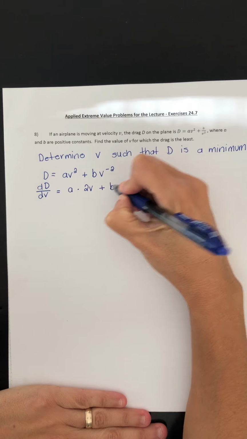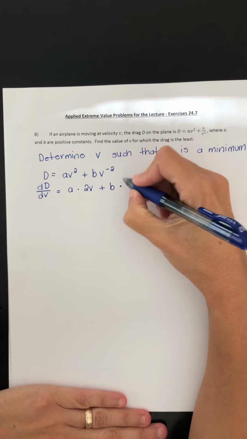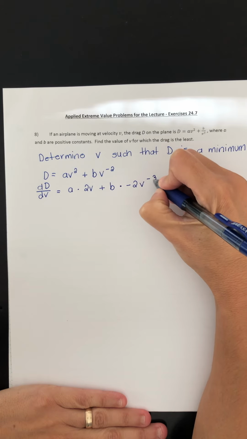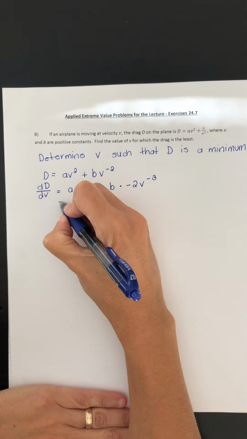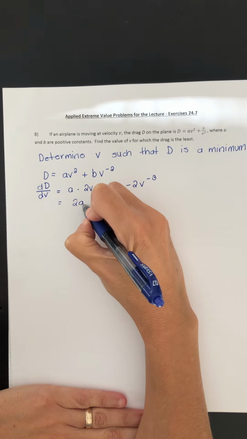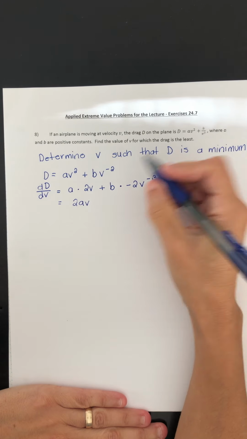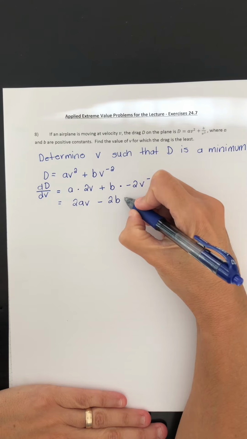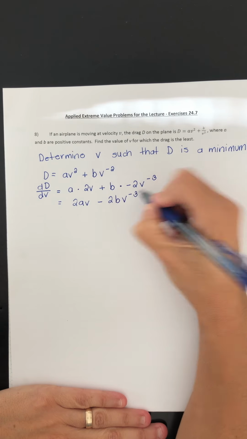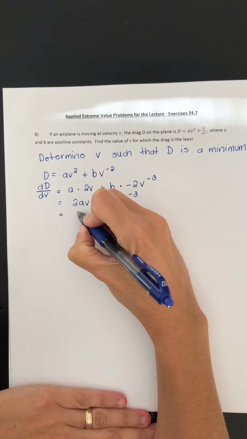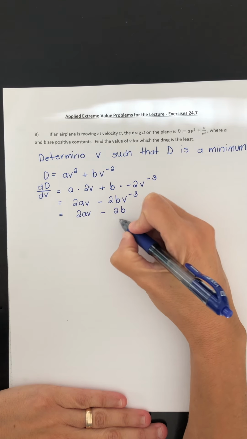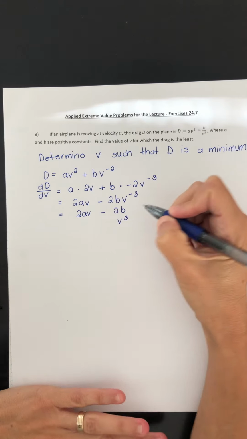Plus b is multiplied by negative 2v to the negative 3. So this is the same as 2av minus 2b v to the negative 3, or 2av minus 2b over v cubed.